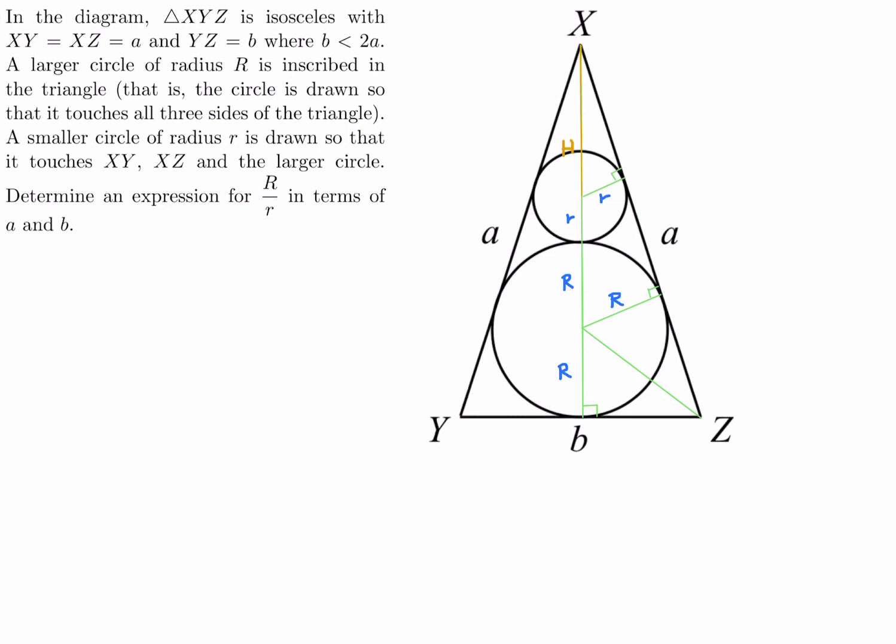And then on the base, it's b, but when you draw a line perpendicular, it chops it in half. So the distance from here to here will be b over 2. And here's an important point. From Z to that tangent point is the same distance as Z to that tangent point. So that means this distance right here is also b over 2.